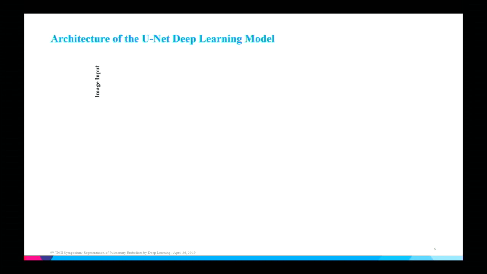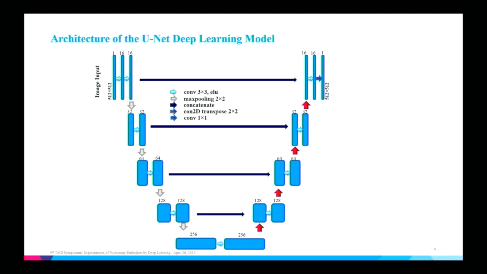We proposed the UNet deep learning model to help us generate the output segmentation. Through this architecture, we could have our segmentation. This part is called the downsampling process, which is also known as the encoder process. This is used to encode the information and to have the algorithm learn what kind of information is included in the image.